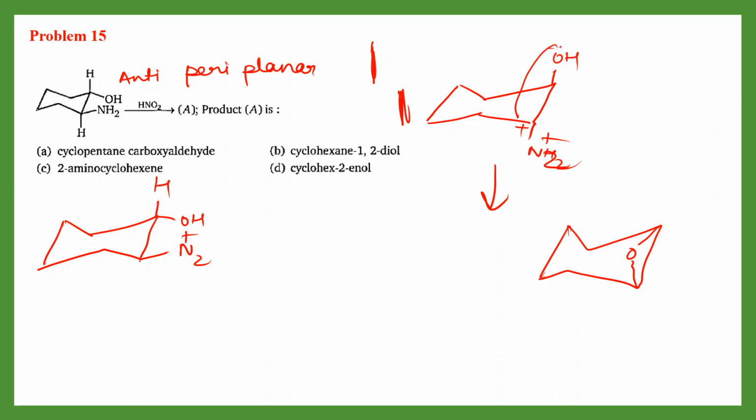Can any student tell me which group is anti to this bond? Which bond is actually anti to this bond? Carbon-carbon bond. But which, let me use color coding here and then you can tell.